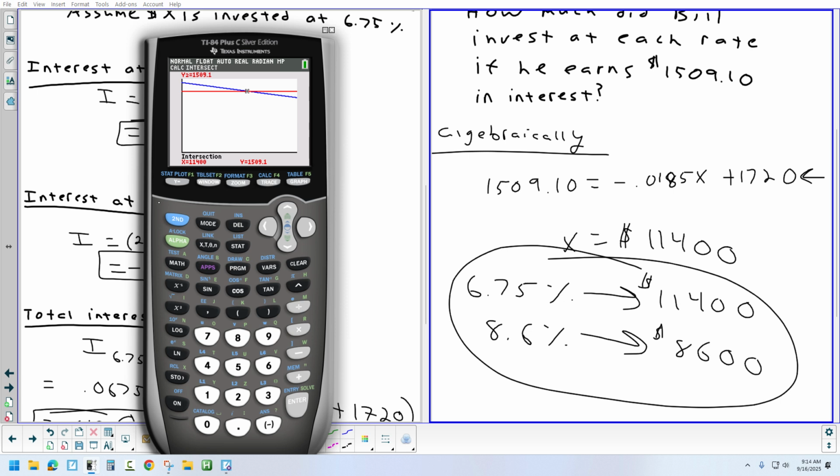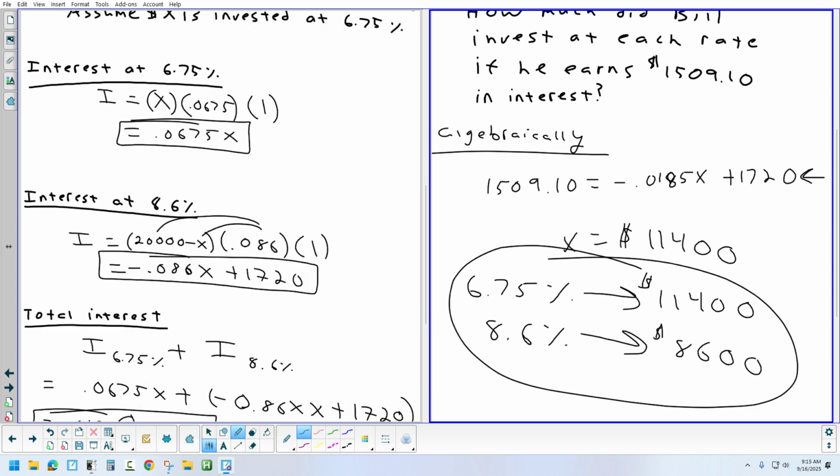Okay. So any question on solving, once we get it set up, solving that problem algebraically or graphically? Okay, so that's the first part of 2.2.